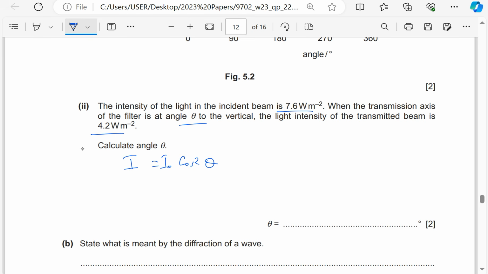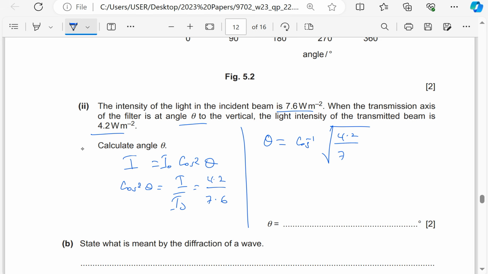So it means cos squared theta is equal to I divided by I naught. The transmitted I is 4.2 and I naught is 7.6. So I'll just find theta. Theta is going to be equal to the cos inverse of the square root of 4.2 divided by 7.6.